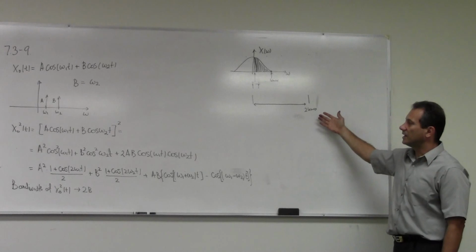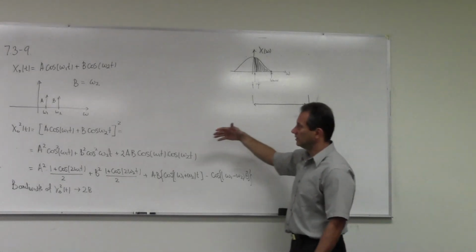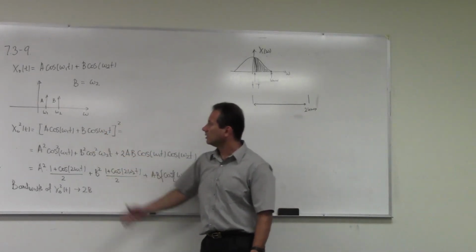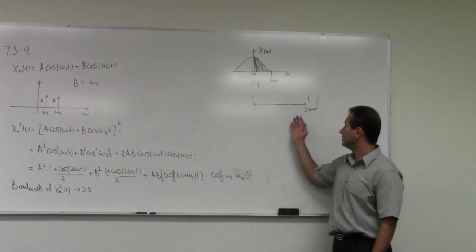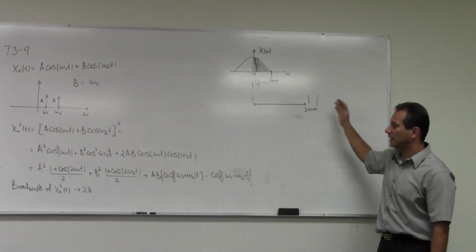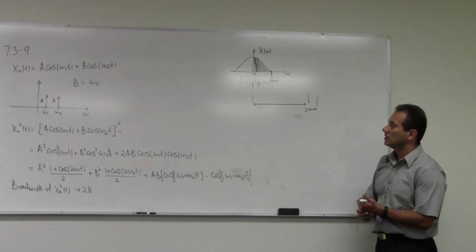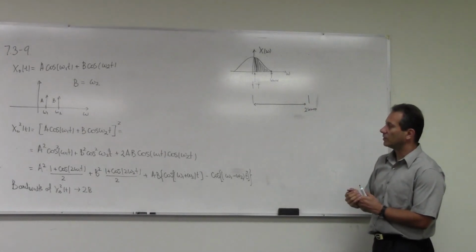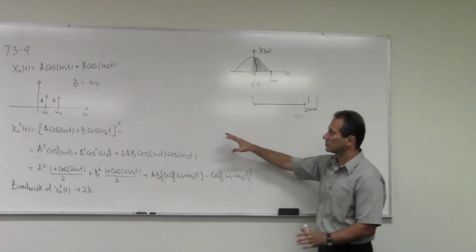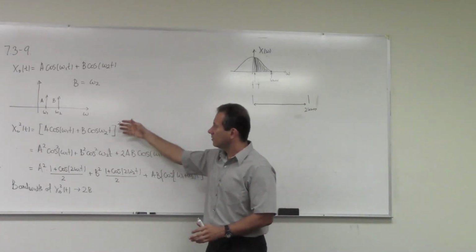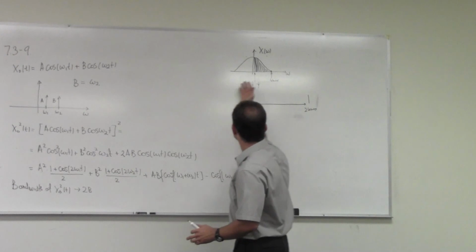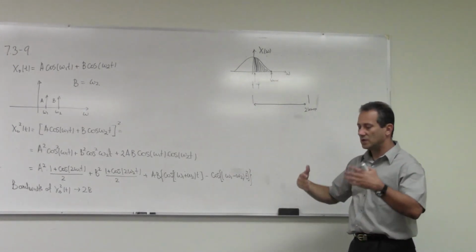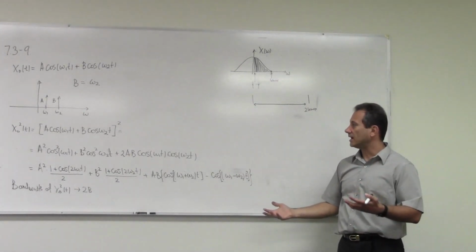Doing the same kind of analysis, you can demonstrate that if you cube a whole bunch of sinusoids, then you're going to extend all the way to 3 omega max, and 4 omega max and so on. So that's, I would say, more intuitive thinking of what is happening here. If we limit it to just squaring, you can see that when you square all of these sinusoids you have here, you get essentially 3 kinds of components.